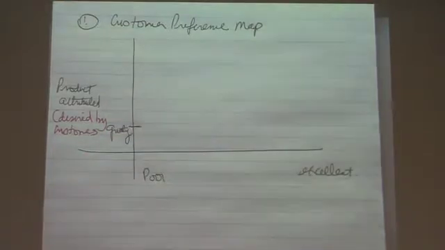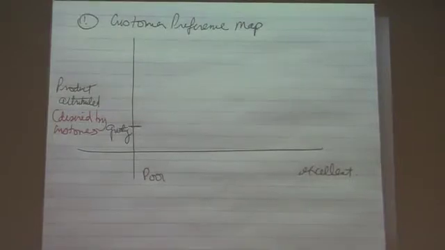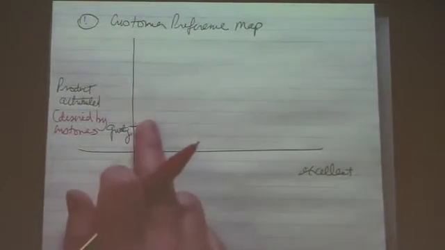So the first one is quality. I'm going to draw Dransfield in red, and I'm going to draw the competitor in black. In terms of quality, where is Dransfield?